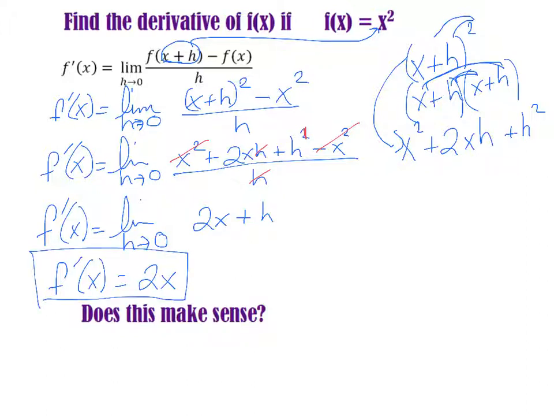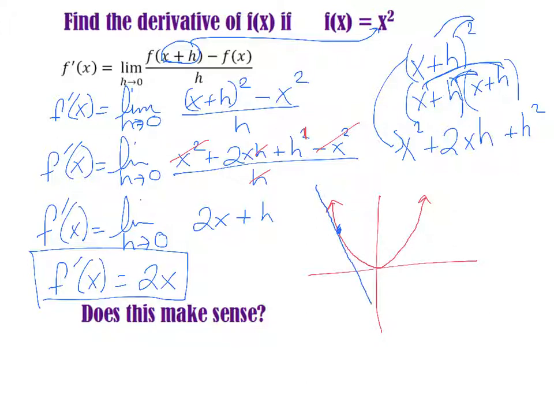Now my question is, does this make sense? Let's look at the graph. It's a parabola right here, just your parent graph. To say that the derivative is 2x, well, that's not very specific. But you have to understand that the slope of the tangent line is going to change as you ride along the side of this parabola.